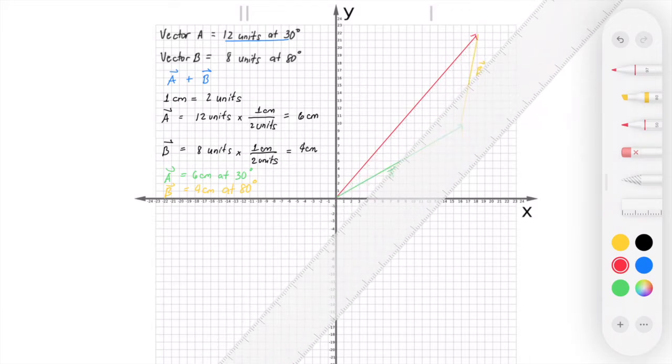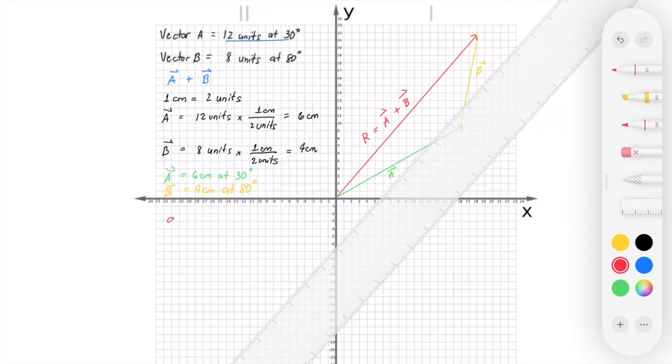So somehow here, the resultant vector, which is the vector A plus the vector B, is around 9 centimeters. And if I'm going to express it in units, for every 1 centimeter, I have 2 units, and therefore my vector here is 9 times 2, that would be 18 units.